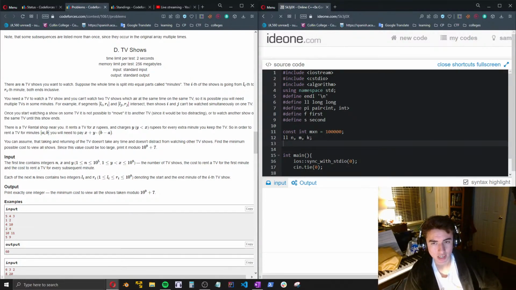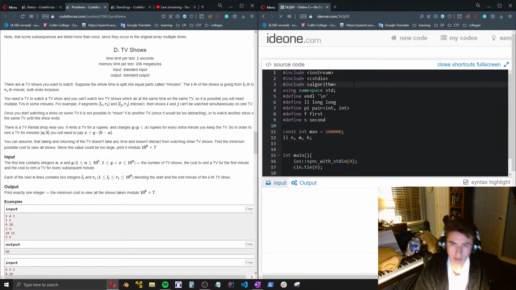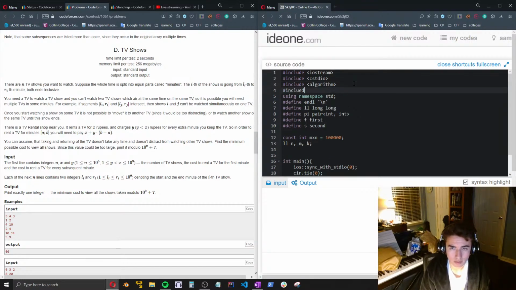That makes implementation a bit nicer. What do we need? We need a set to do lower bound when we're doing updates.